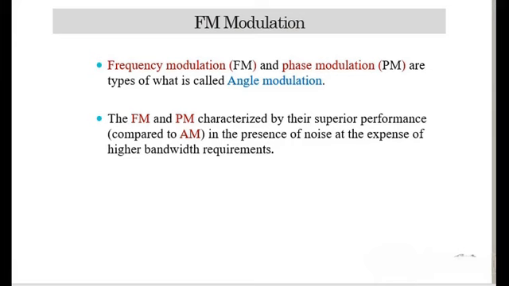Angle modulation is the type of modulation in which the phase or frequency of the carrier wave is varied according to the instantaneous value of the message signal, while the amplitude of the carrier is constant. The two angle modulations are frequency modulation and phase modulation.